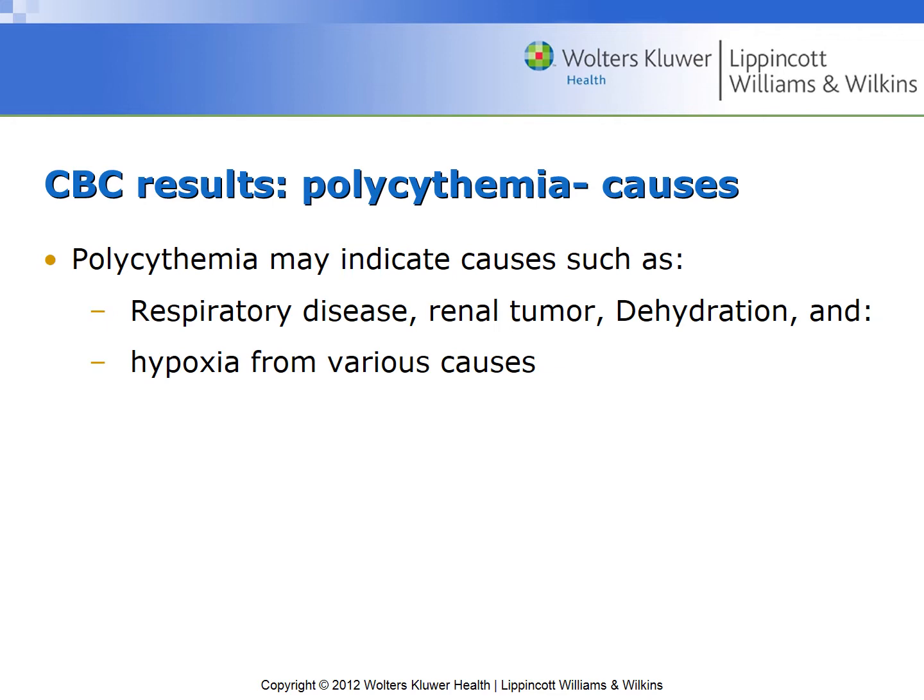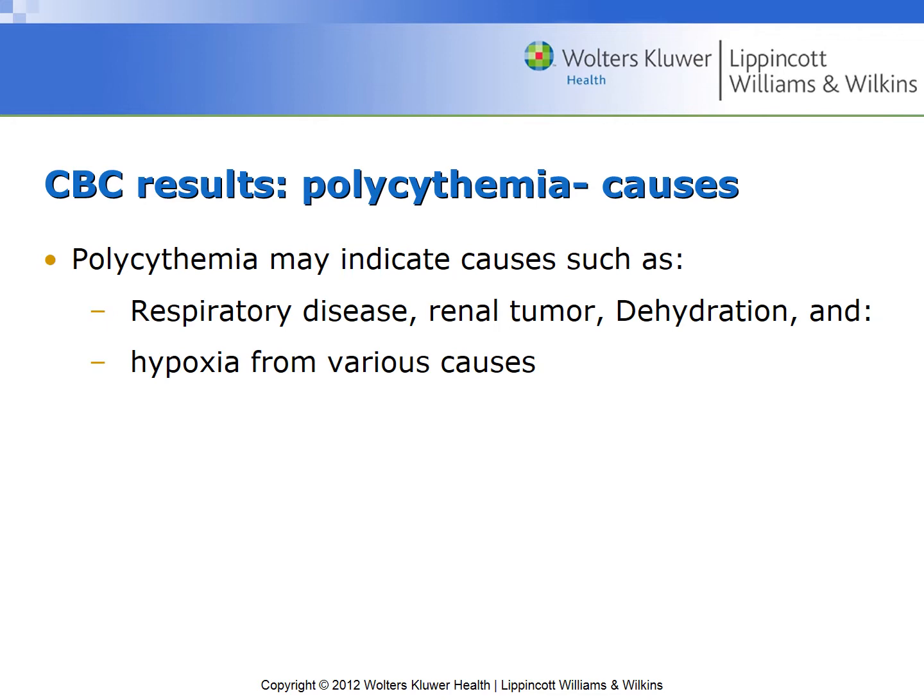And then again, hypoxia. So we talked about respiratory disease, but think about hypoxia from other causes. Say your patient works underground in a low oxygen environment, then their body is going to be producing more red blood cells to make use of the available oxygen.